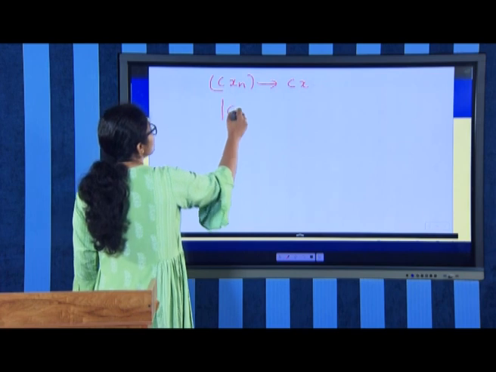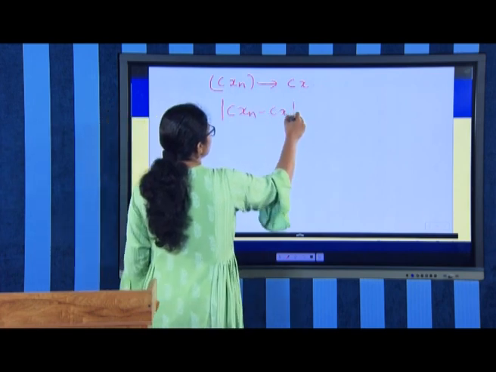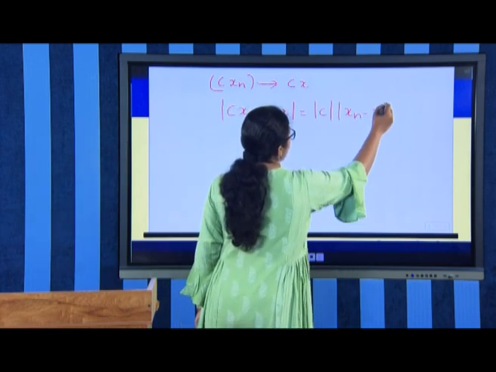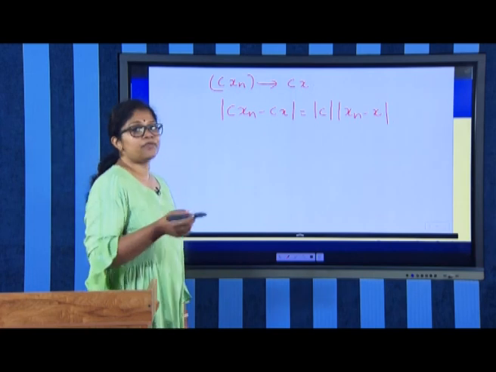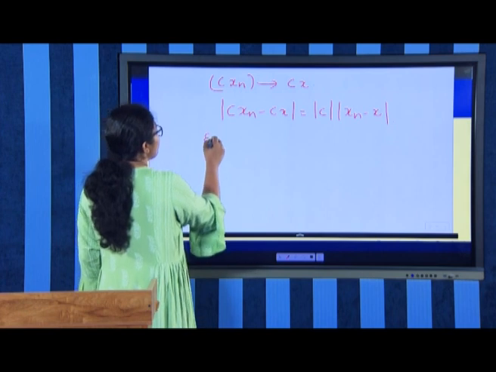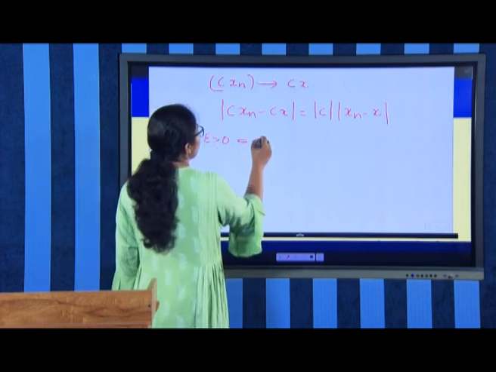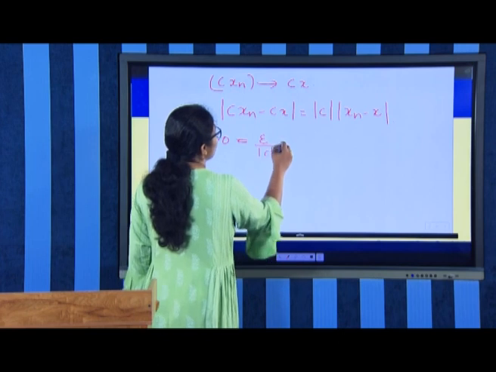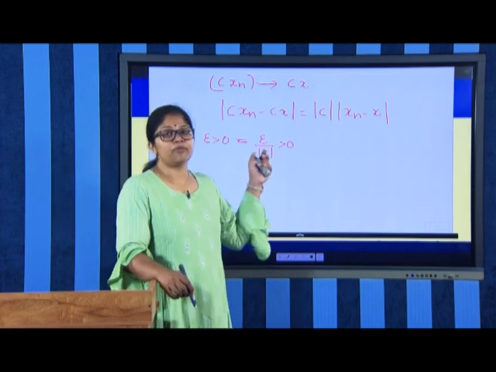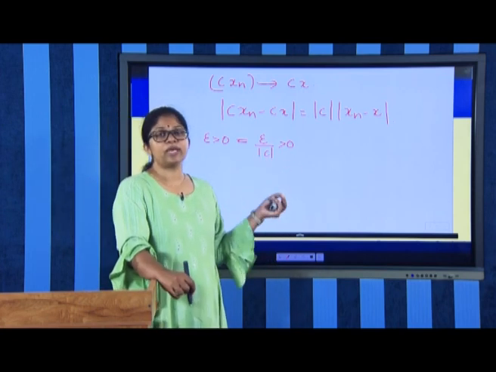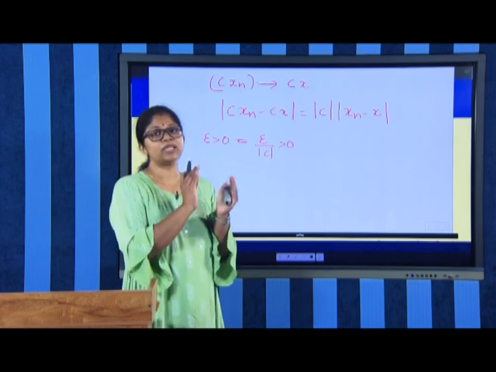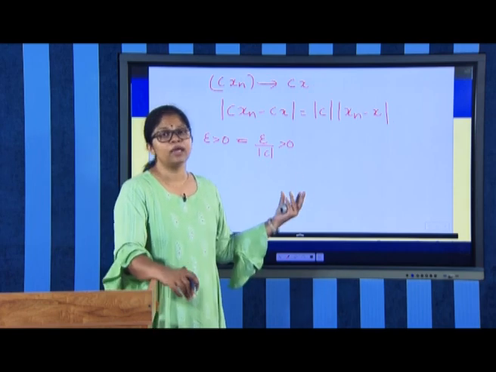Consider modulus of Cxn minus Cx, which is equal to mod C into modulus of xn minus x, and because xn converges to x, we can choose epsilon greater than 0 to be some number, say epsilon by mod c greater than 0, because mod c is always positive. In the definition of limit, the choice of epsilon is flexible. We can adjust the value of epsilon so that it fits our result.